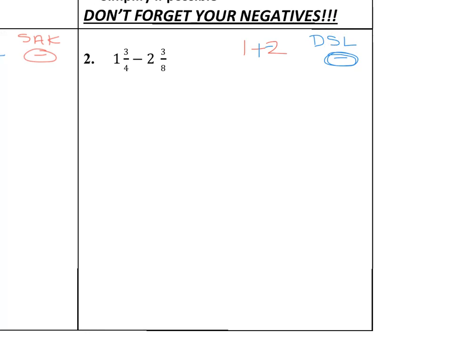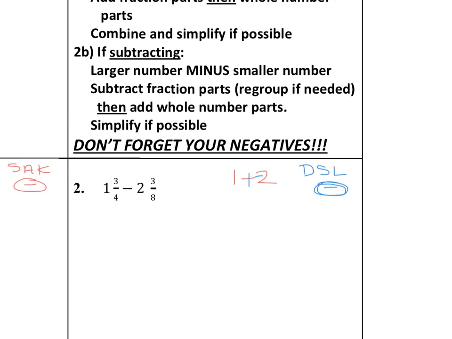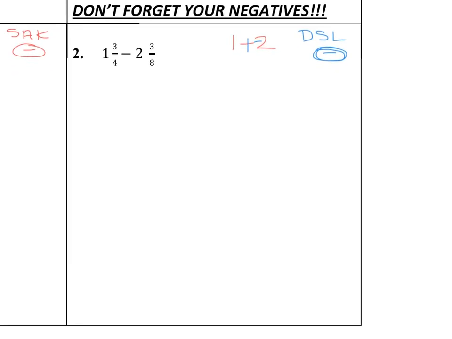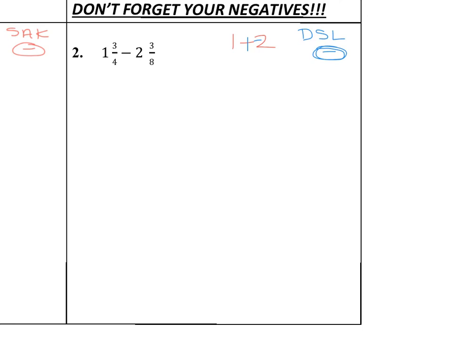So if you look back at these notes, we're going to be looking at 2b. If subtracting, we're going to write the larger number minus the smaller number. So what that looks like here is this. We're going to start with 2 and 3/8. 2 and 3/8. Subtract 1 and 3/4.